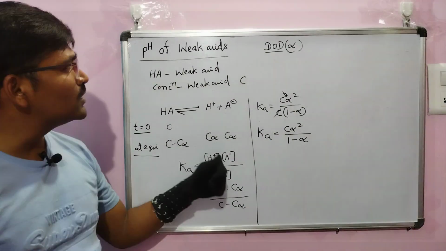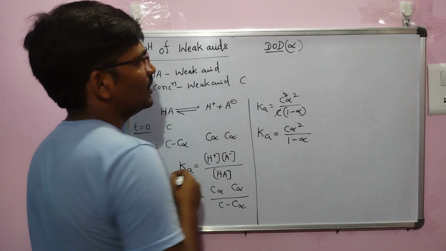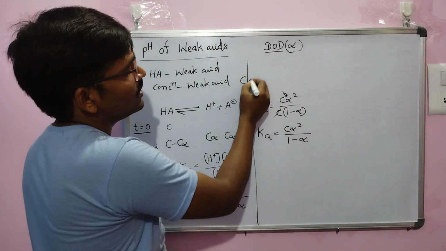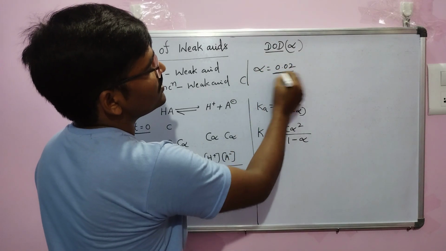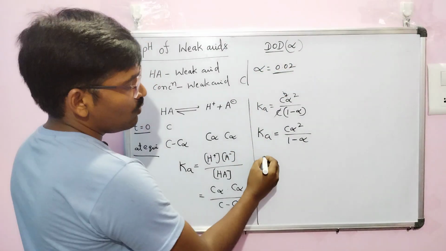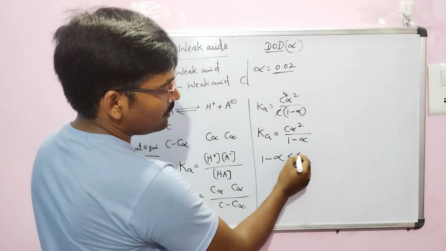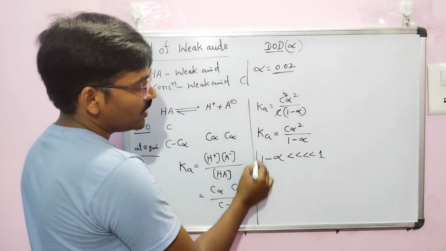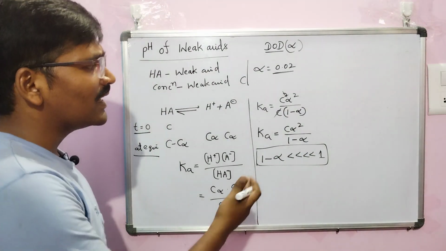Here the degree of dissociation for weak acids is very small, it may be 0.02%. So 1 minus alpha is almost 1, and we neglect alpha in the denominator.